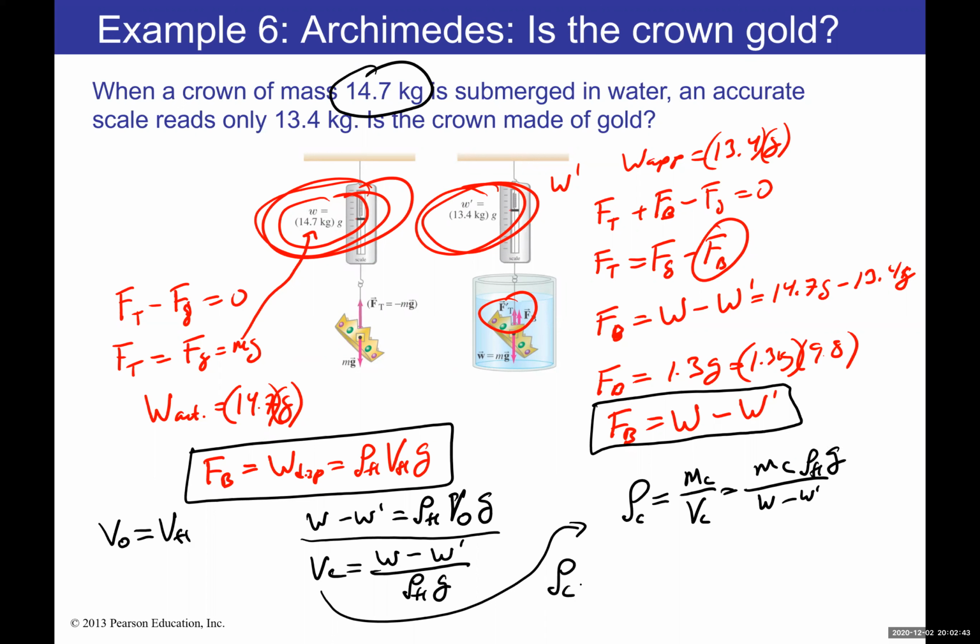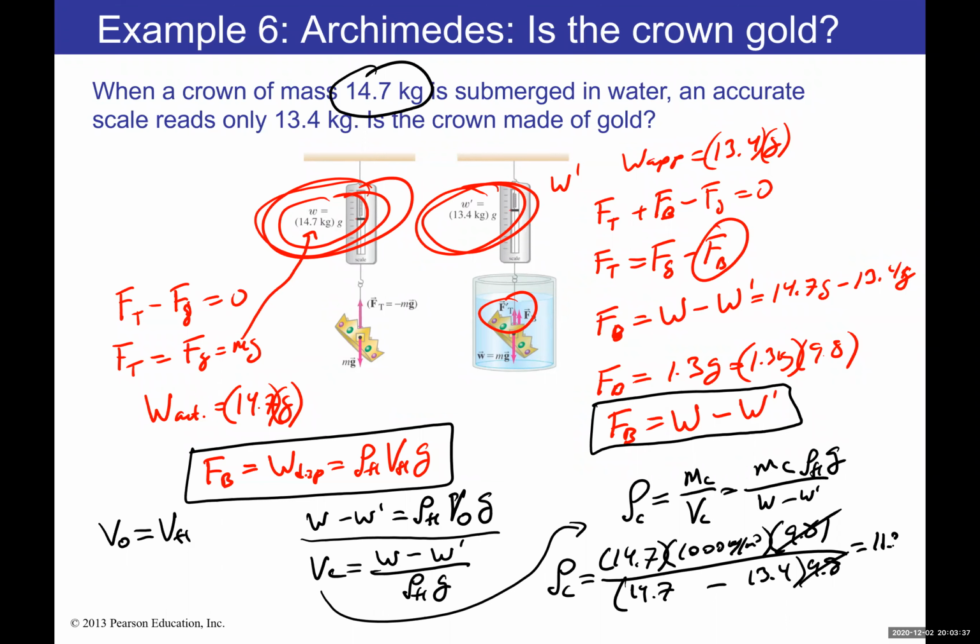So the density of the crown is 14.7 kilograms times 1,000 kilograms per cubic meter for the water, times 9.8, divided by 14.7 g minus 13.4 g. I can factor out g and cancel the 9.8 from both sides. If we calculate the density, what we get here is 11.3. Well, let me see.